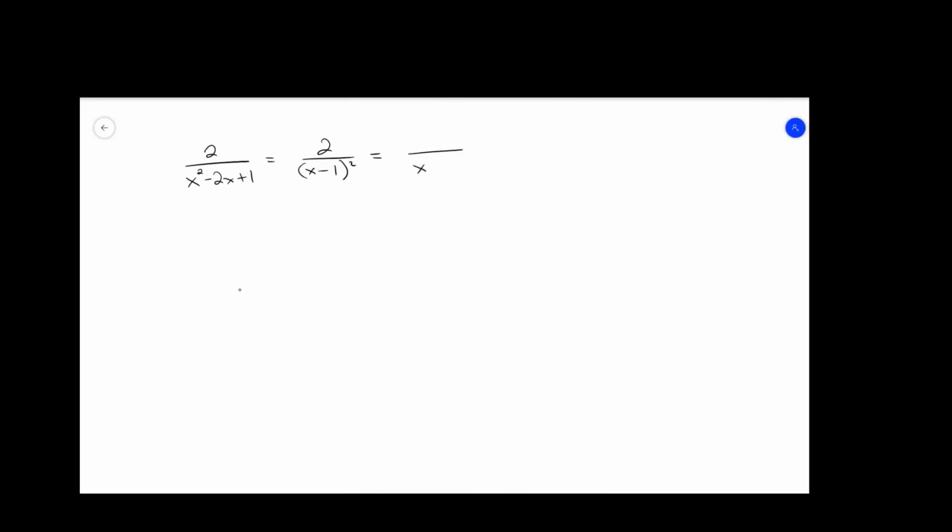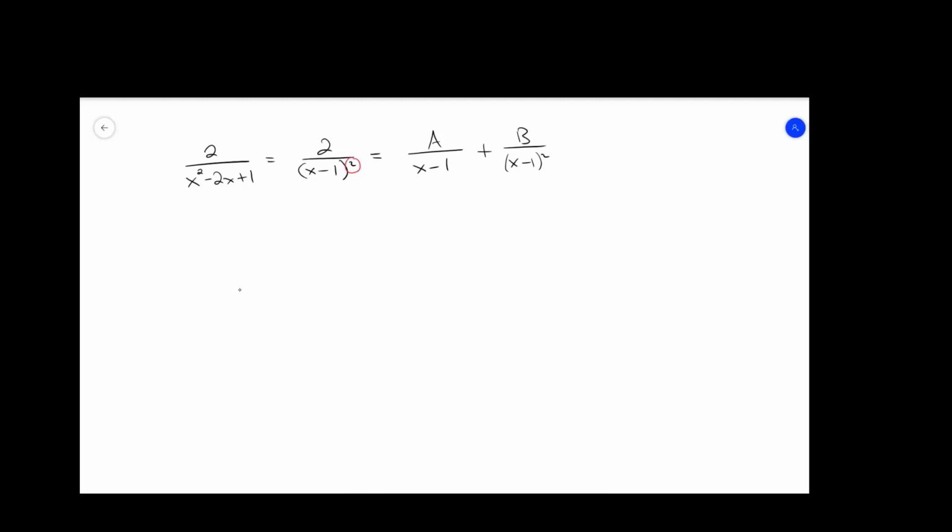And the way that you decide what those are, you just basically list all the possible powers up to m. So in this case, it's x minus 1 and x minus 1 squared. So you have an A there and a B there. Basically you have an unknown variable for every power. So if that was a third power, for example, I would have to put a plus C over x minus 1 to the third. The fourth power, I'd have to also put a plus D over x minus 1 to the fourth. Okay, so that's how you deal with the repeated linear factors.